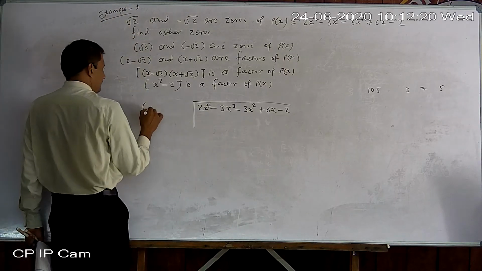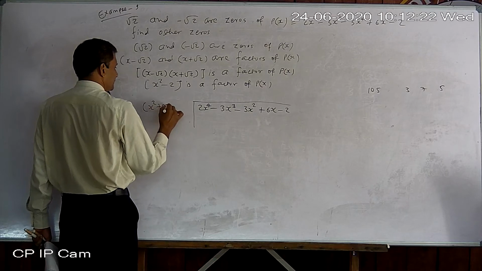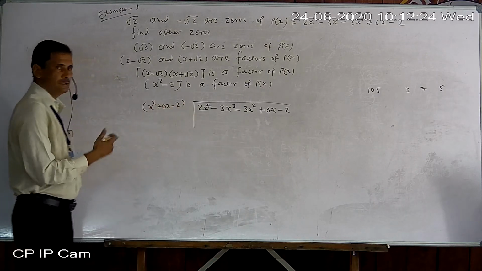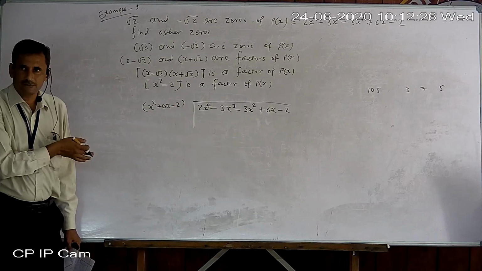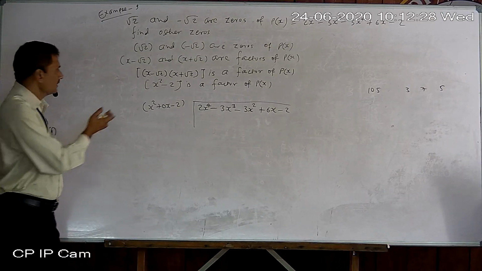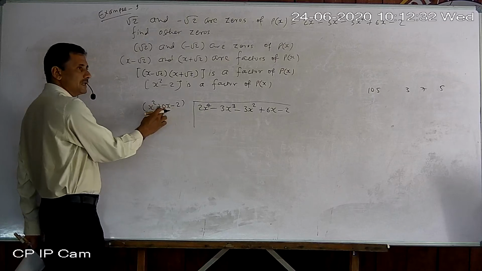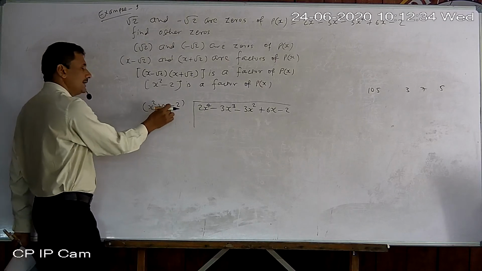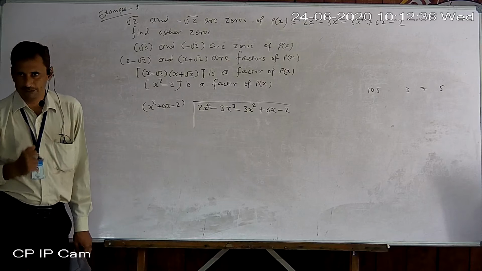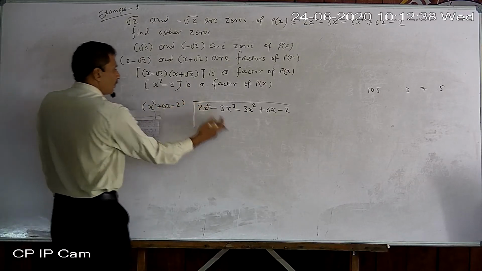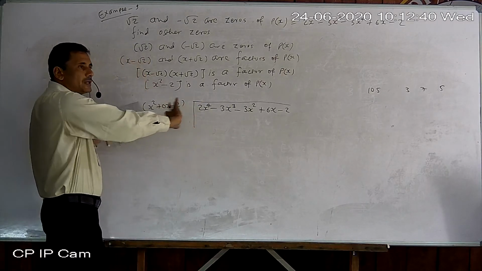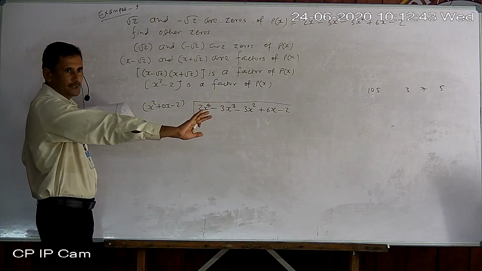Now write here x square plus 0x minus 2. We already discussed this in yesterday's lecture, Monday's lecture. So what is this? If any term is missing, then write that term with 0 coefficient, so that the process goes in a systematic way.